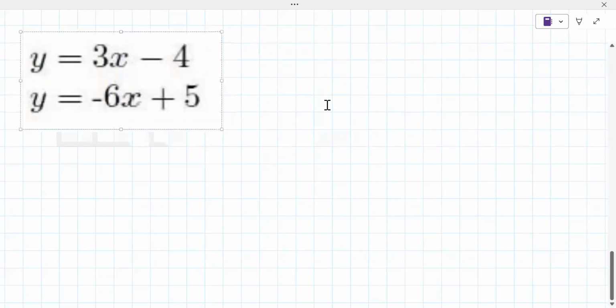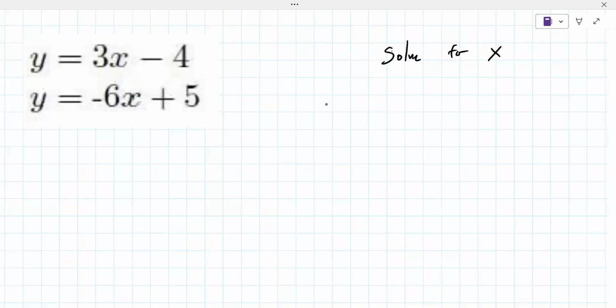I'd like you to solve this for X, just like we've been doing. Set the equations equal to each other. 3x equals -6x.